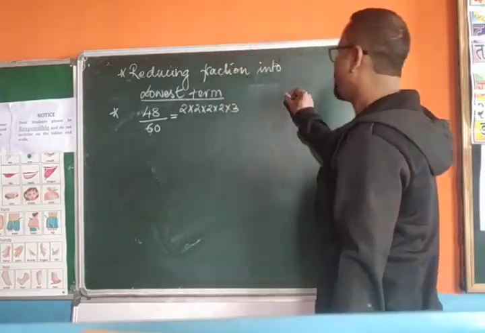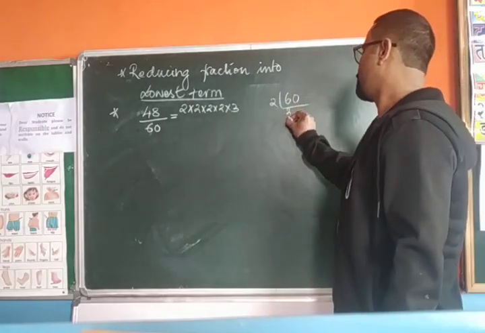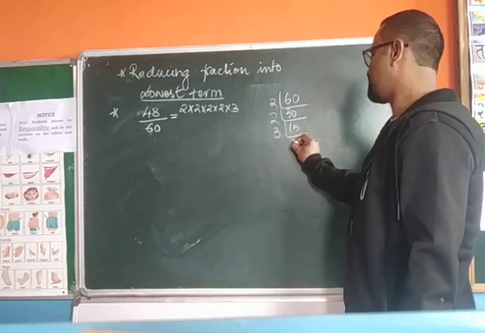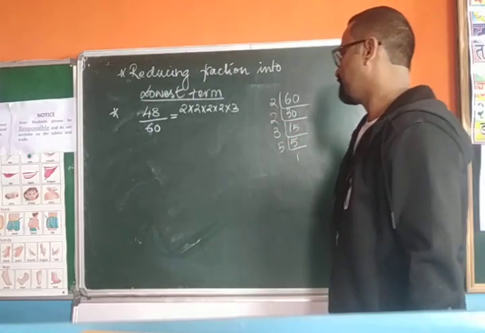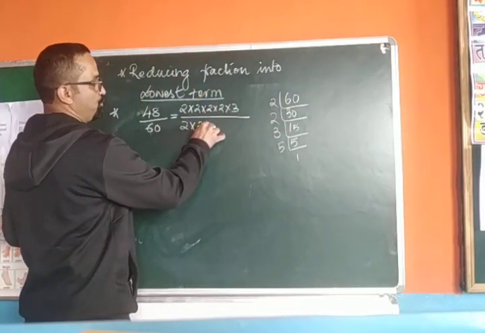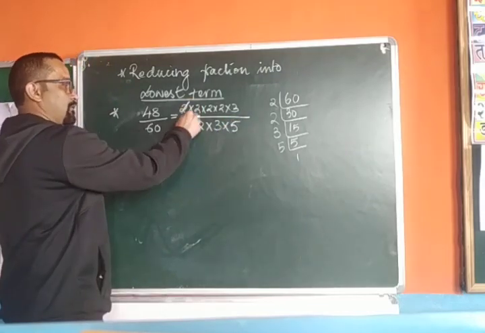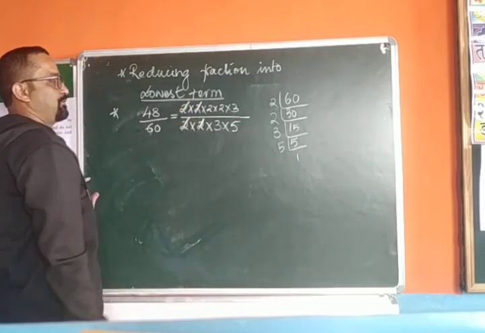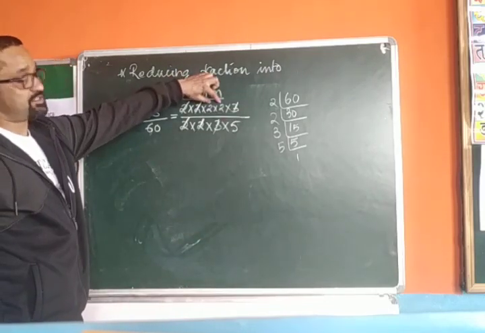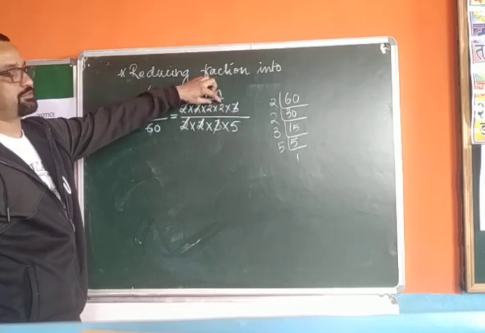Similarly, prime factors of 60: 2, 30, 2, 15, 3, 5, 5, 1. 2, 2, 3, 5. Cancel. Other prime factors are not cancelable. They can't be cancelled.